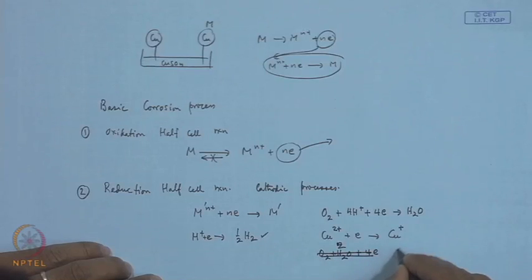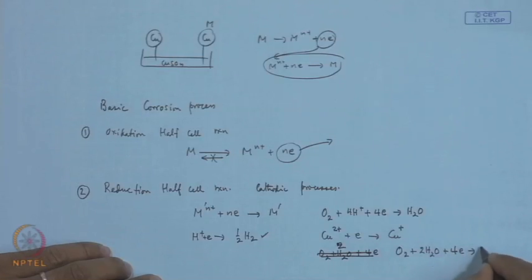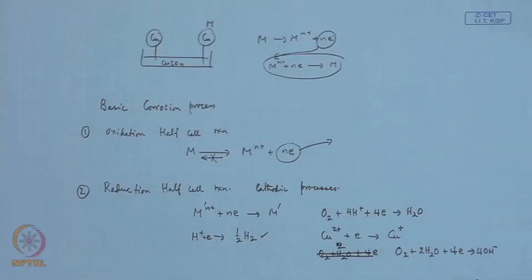Okay, let me write it again. O2 plus 2 H2O plus 4 electrons giving rise to 4 OH minus. Okay, so these are the reactions that may happen as the second step.